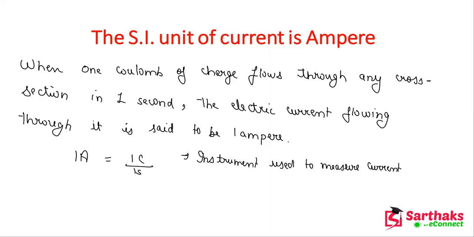The instrument that is used to measure current is called ammeter, and it should have very low resistance.